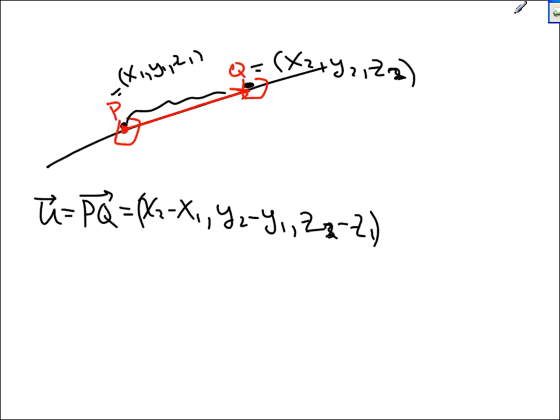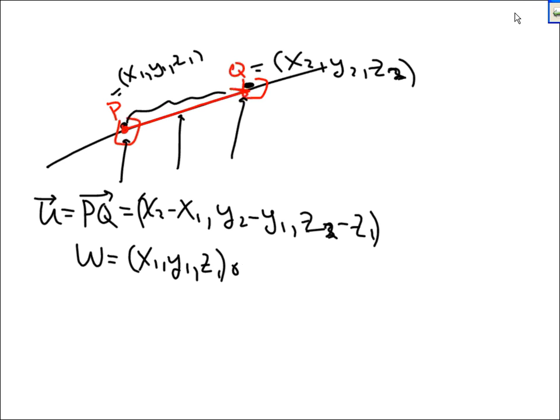But now you need a point. Well, I can use any point on the line. I can use that point or that point. I can use other points. I can use that point if I knew what it was, but I don't know what it is. So you can use any point, and call it a vector.